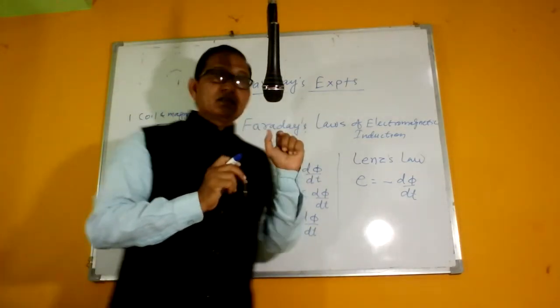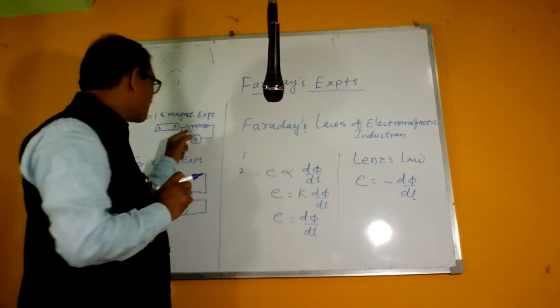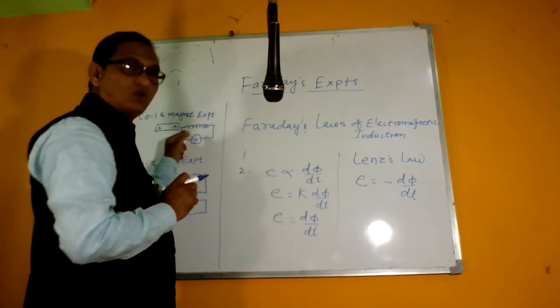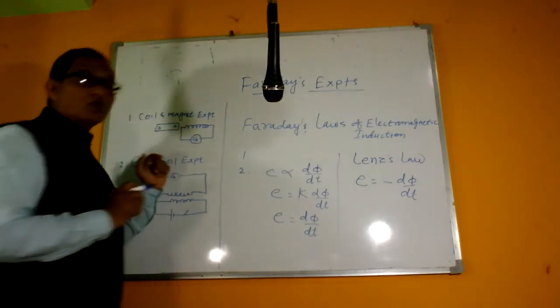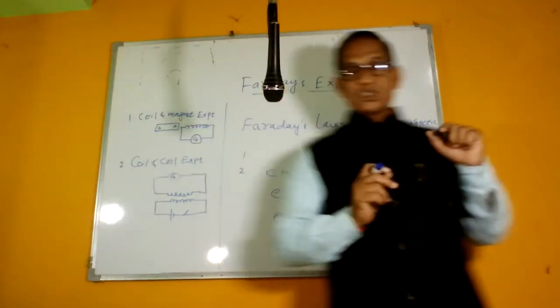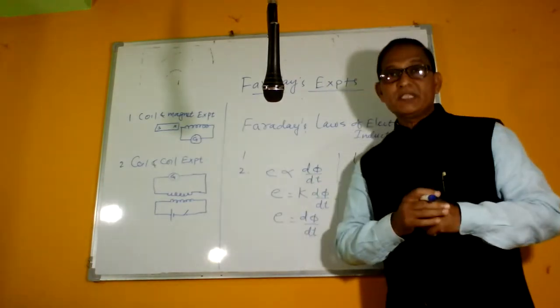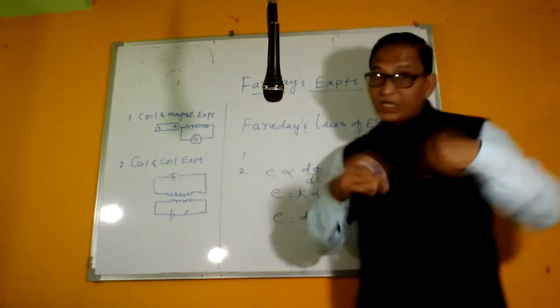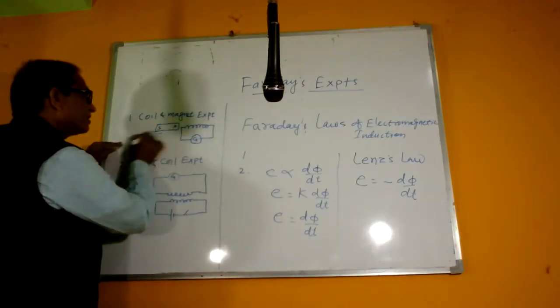We get a deflection in the galvanometer for the induced EMF as it is moved towards the coil. The face towards the bar magnet is a north pole, so the north and north pole will repel each other. Therefore, the induced EMF produced in the coil is now opposing the change.